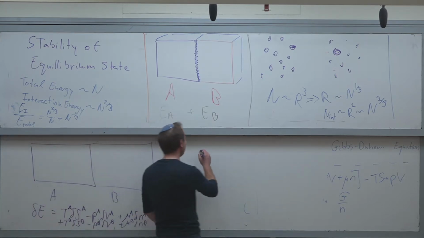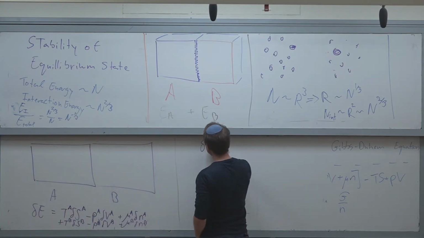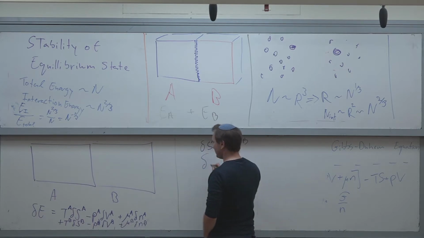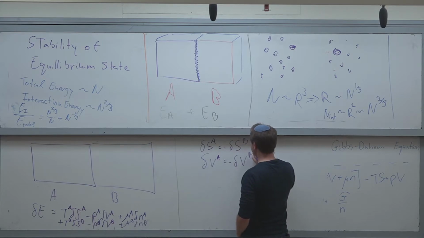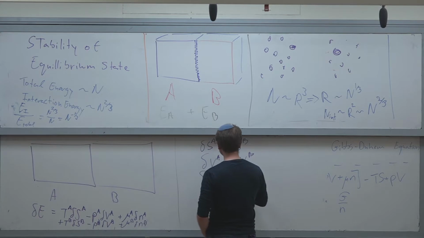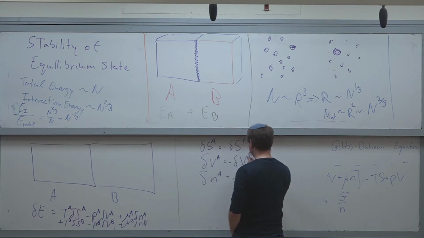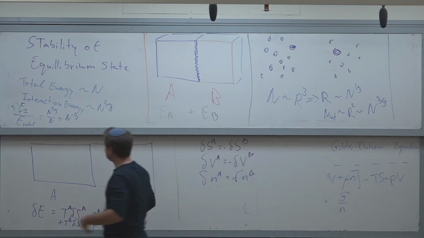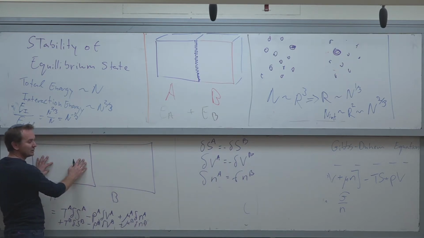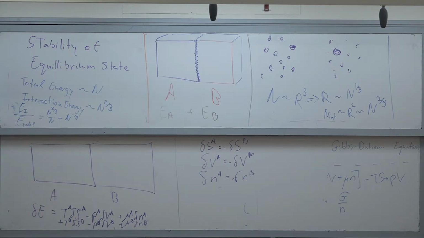So what I know is that dS_A equals minus dS_B, dV_A equals minus dV_B, and dN_A equals minus dN_B. Everything is kept constant. I'm imposing an internal constraint. The energy can change somehow, but everything else is kept constant.